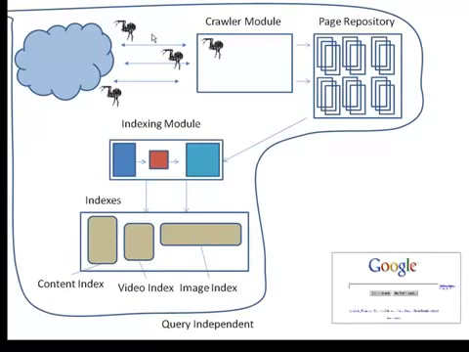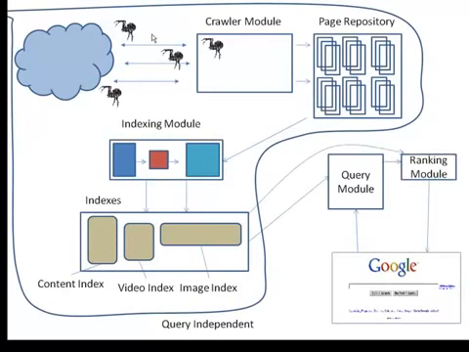So next thing, somebody comes along to a search engine, let's say Google, and they type in a query. What happens then? This query gets sent to a query module, which breaks down the query into a language that the search engine can understand, in other words, machine language, and the query module will extract thousands and thousands of results back from the different indexes, and it will pass all of these results to a ranking module.